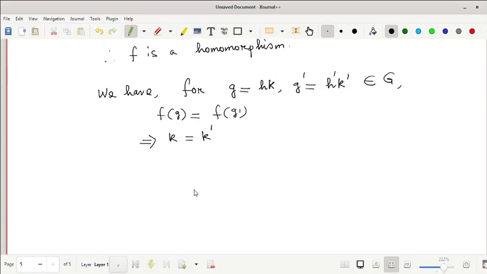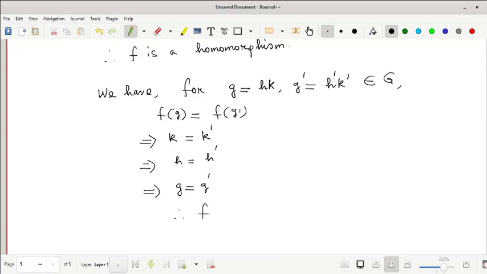If k equal to k prime, this actually forces h equal to h prime, and this will imply g is equal to g prime.